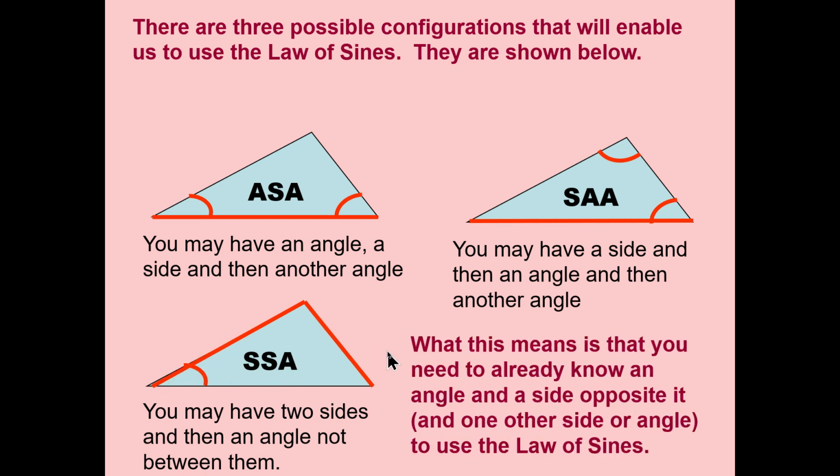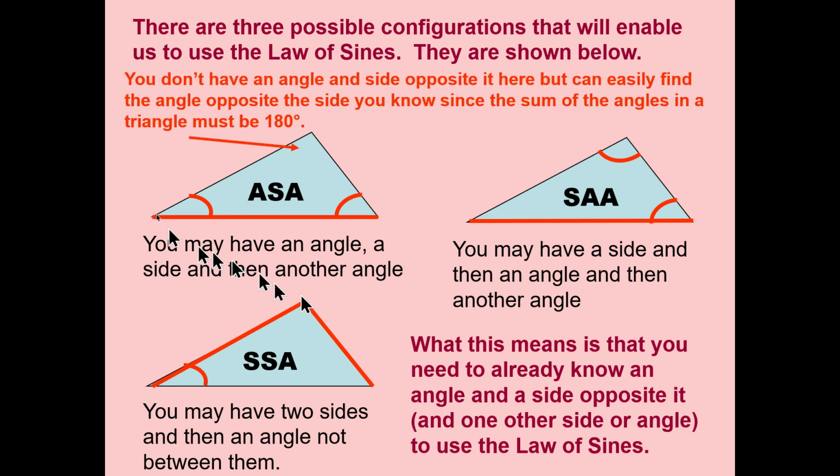What this means is that you need to already know an angle and the side opposite it and one other side or angle to use the law of sines. In this case here, you don't have an angle on the side opposite, but you can use subtraction and find that 3rd angle.